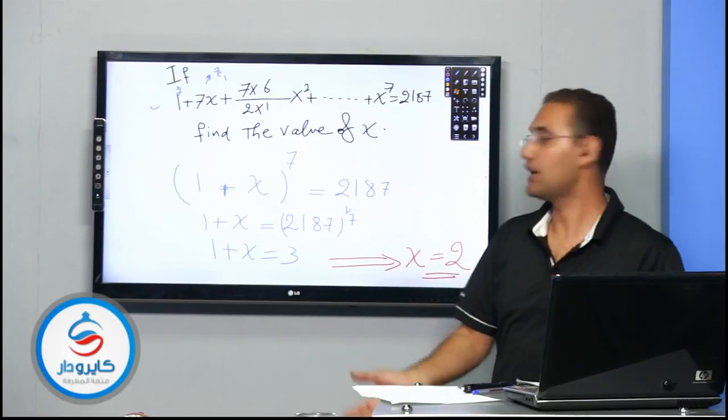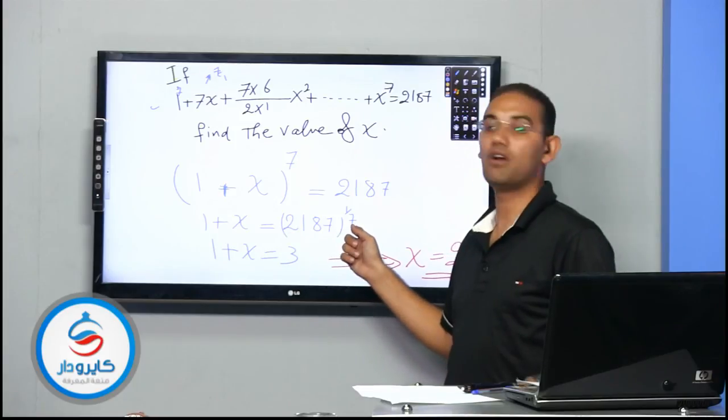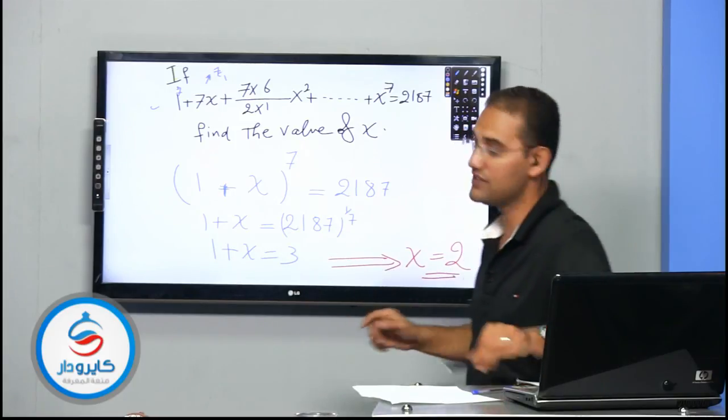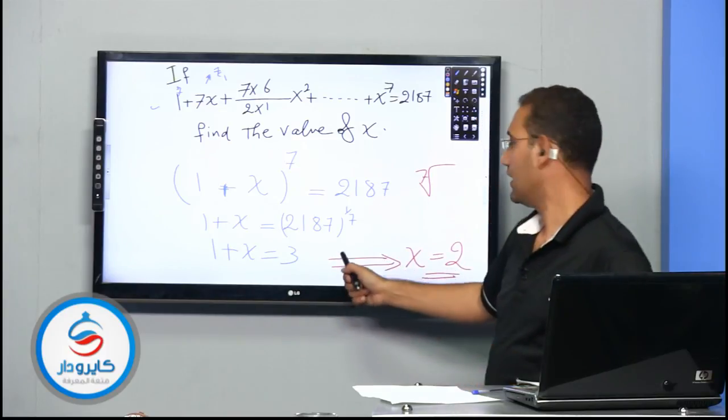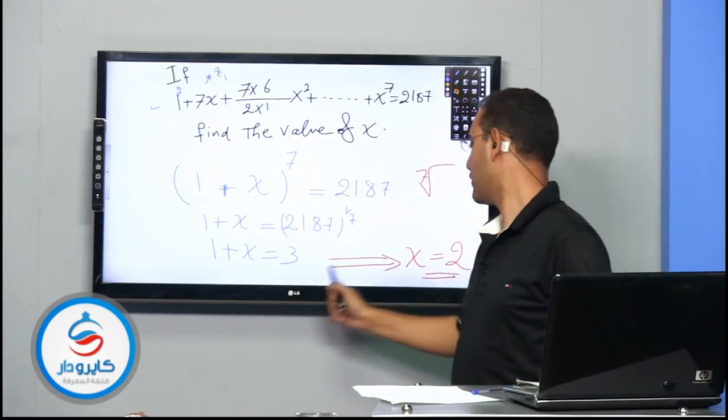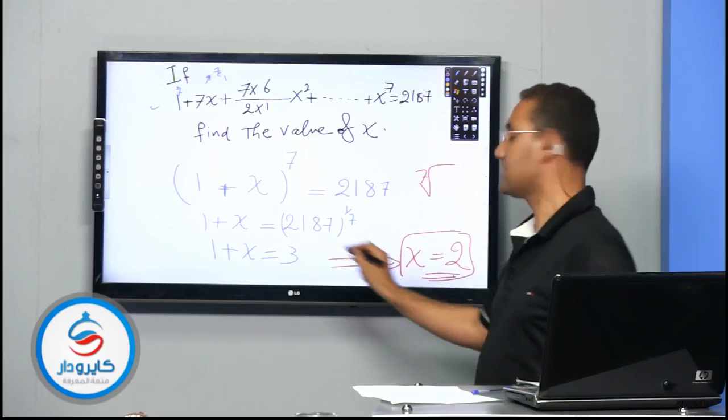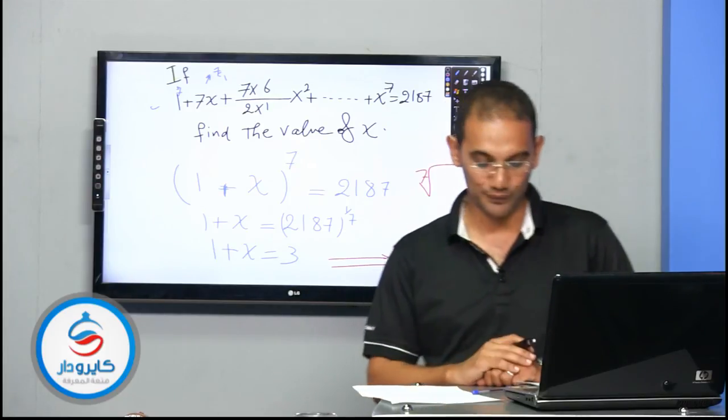It became an algebra problem. I want to remove the 7, so I put 1 over 7 or take the 7th root. The 7th root gives 3. 1 plus x equals 3, then we get the value of x, which is equal to 2.